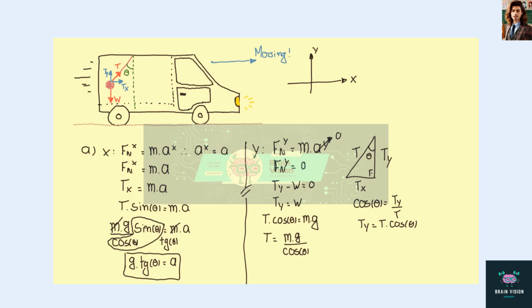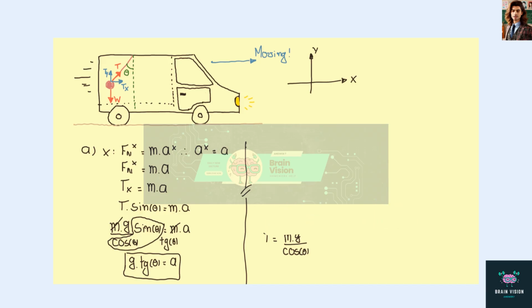For the next item, we have to clear the board here, so let me do that. And now, for the next item, we have to suppose that theta is equal to 10 degrees and calculate the value of the acceleration. So now theta is equal to 10 degrees. What is the acceleration? We can use this expression. The acceleration is equal to g.